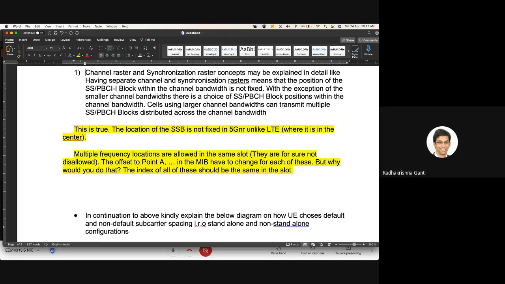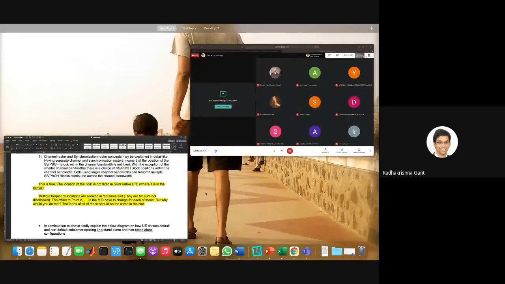So where are these details provided? I'll open up the document.